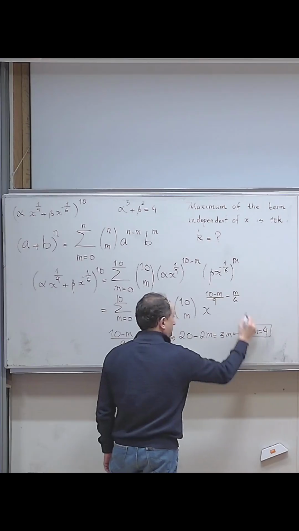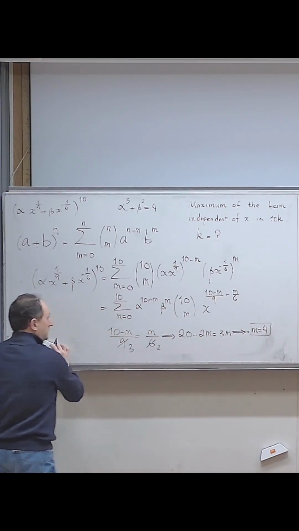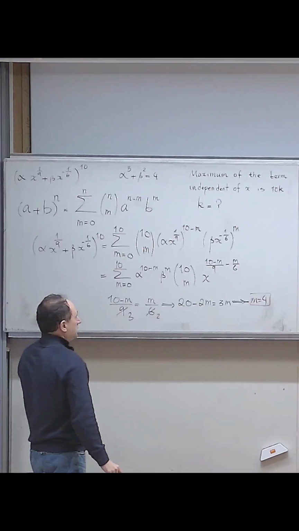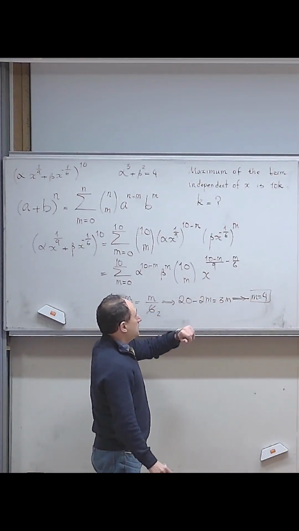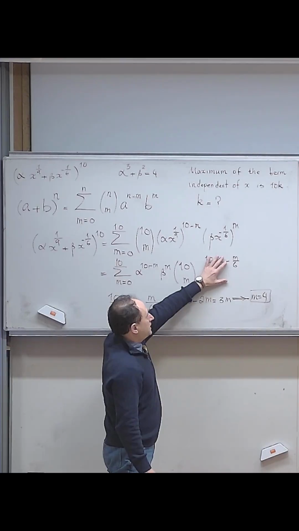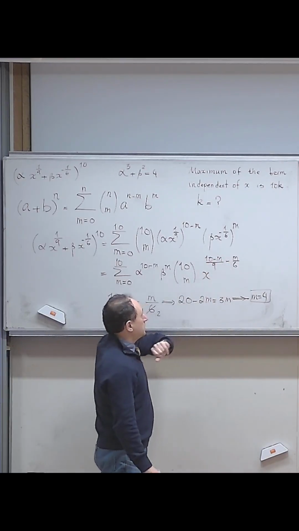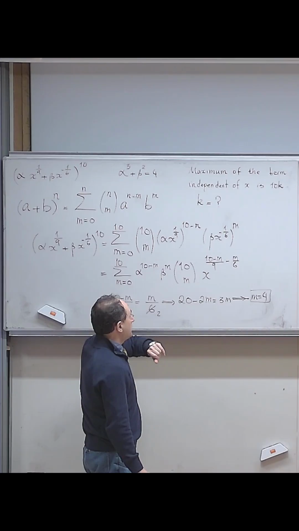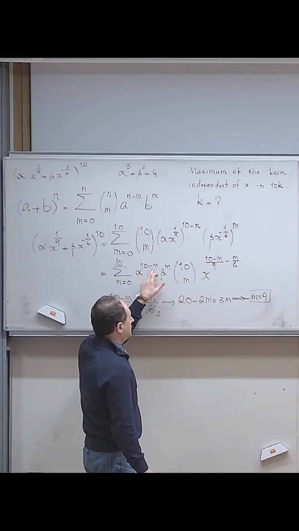Yes? Now that m is equal to 4, when I put m equals 4, of course this will vanish. This becomes 1, so it becomes independent of x. But I also have to put 4 here, here, and there.